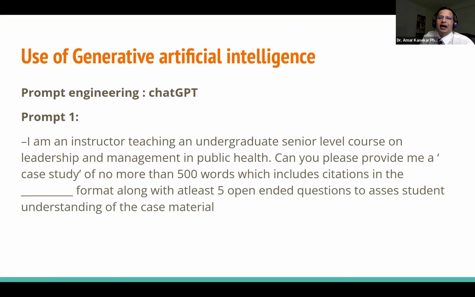Maybe I can share. This is one of the prompts which I have included. I'm not sure how many of you are familiar with this, but if you want to use any of the AI tools to generate case studies or any other aspect, you have to be really good at generating prompts, because the output you get depends on the way you write them.